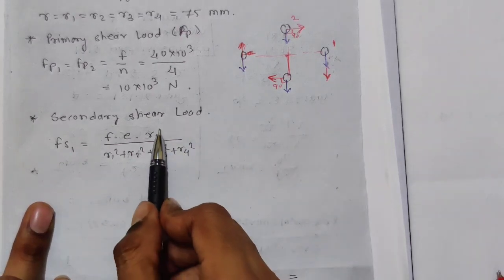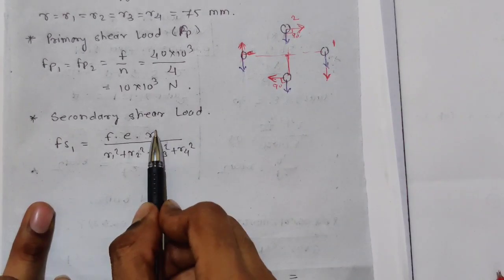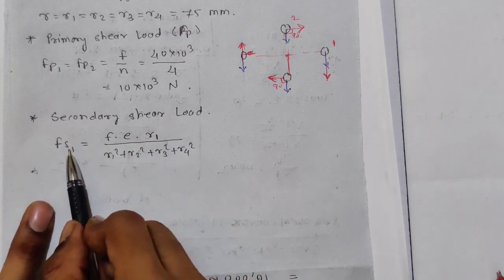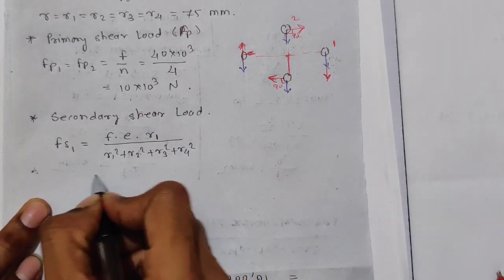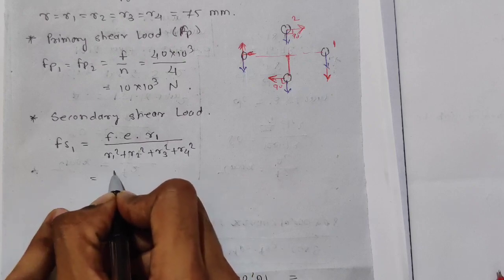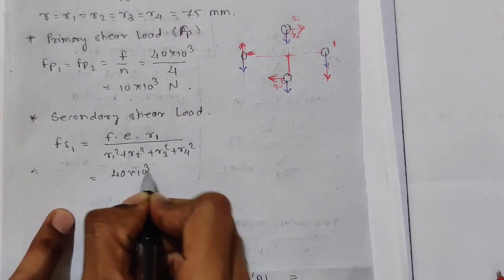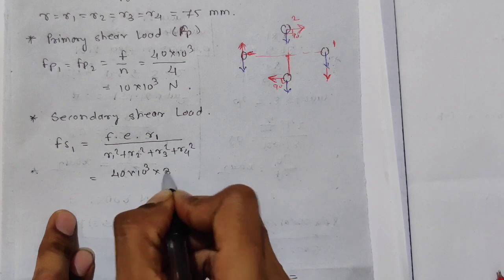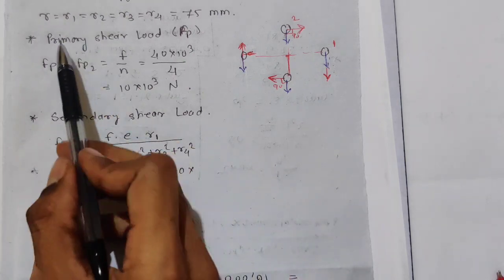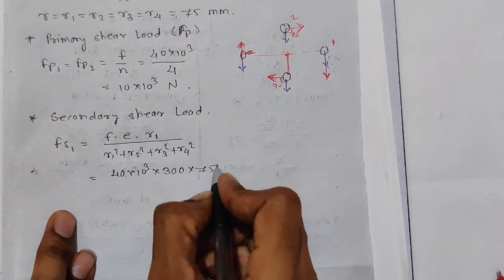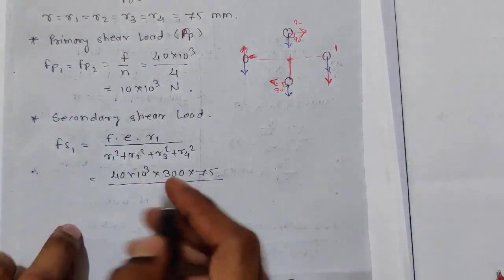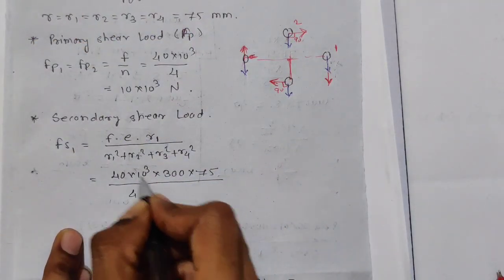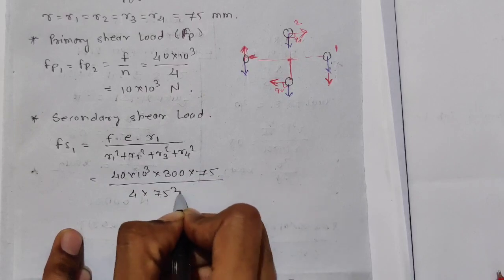Now all the bolts have the same radius, so the secondary shear load will be the same on all bolts. So it will be equal to F, that is 40 into 10 raised to 3, eccentricity 300, R is the same, 75 for all bolts as we calculated over here, and then 4 into R square, so 4 into 75 square.